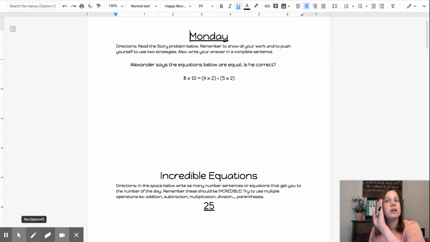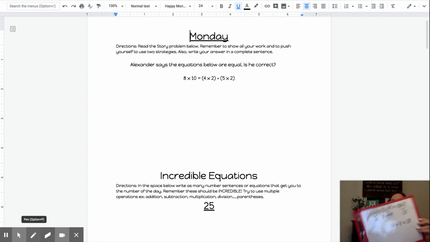So now I'm going to do the other equation that's in its parentheses, and I'm going to do 5 times 2. 5 times 2 equals 10. That one's a known fact for me. So I'm going to bring that down and say 10. Right now I have 80 equals 8 plus 10, because that's what I got from solving each of the parentheses sets.